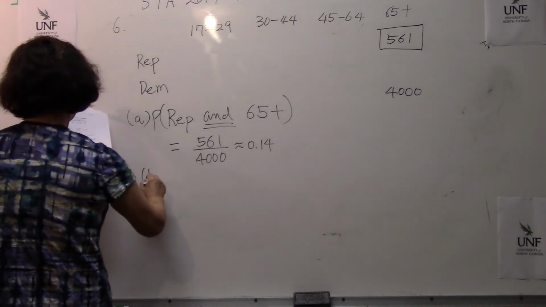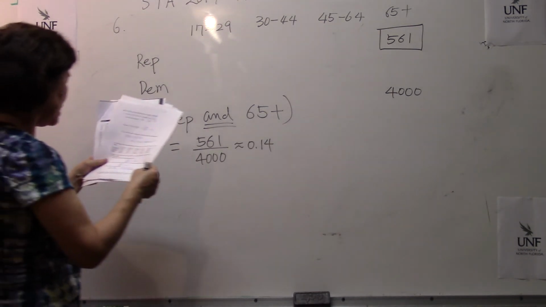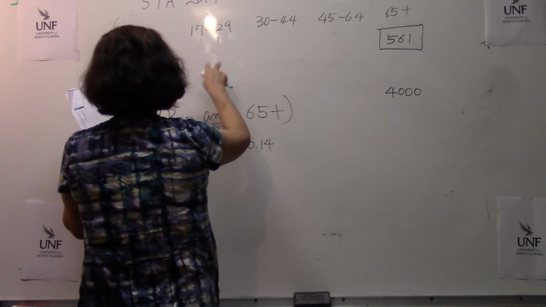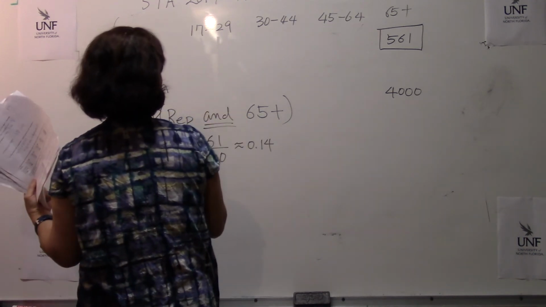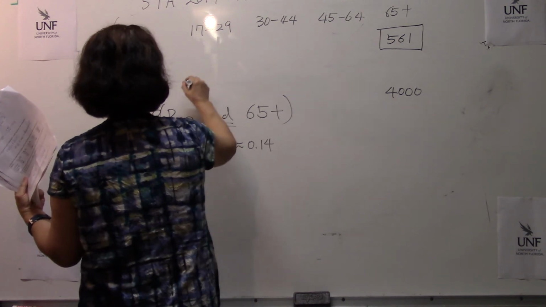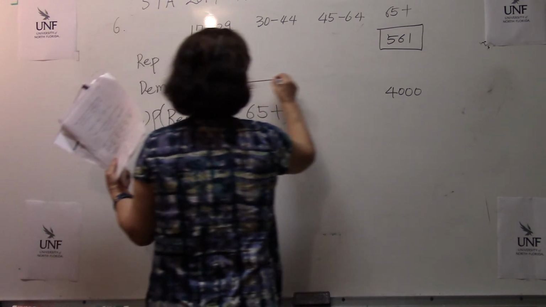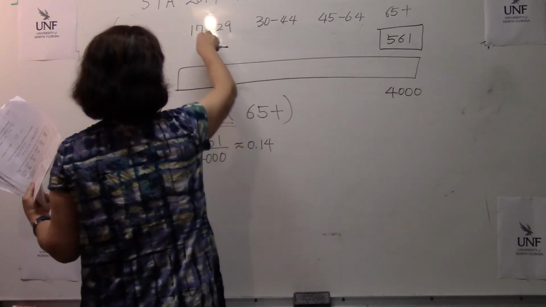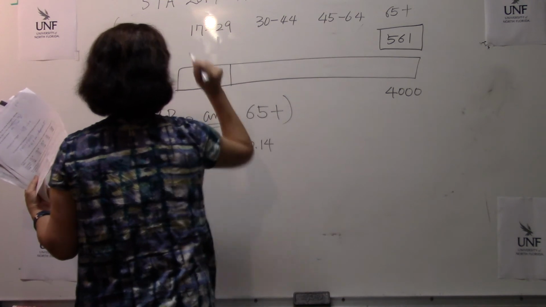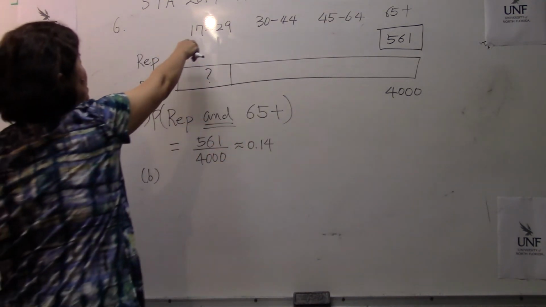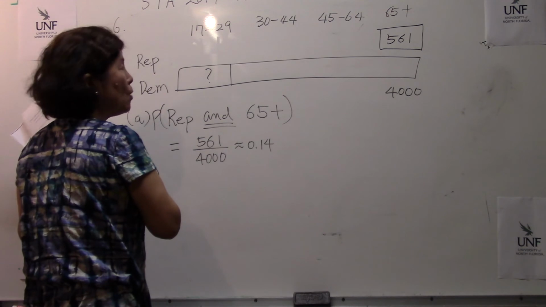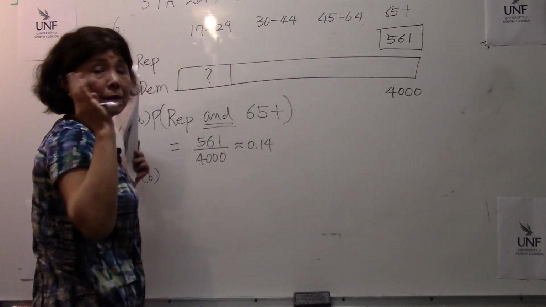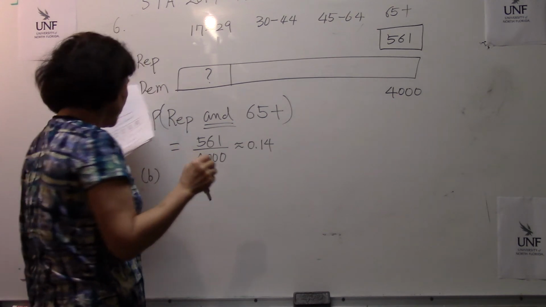Part B. The selected individual is in the age group of 17 to 29, given that the person is a Democrat. Okay, look. So we are going to look at only Democrats. Among that, what is the voter in this age group, 17 to 29? Therefore, we do not look at those Republicans, right? Because the given condition is the voter is a Democrat.